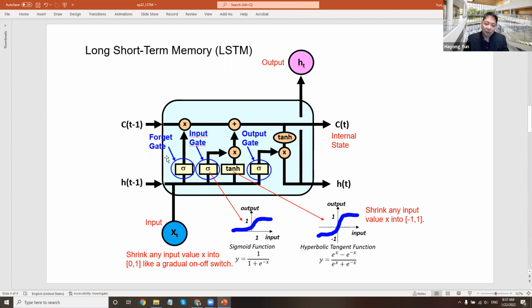Broadly speaking, there's a forget gate, an input gate, and an output gate, and we'll explain what they all are. But this is how a long short-term memory is composed, with forget gate, input gate, and output gate, and it takes a past cell state, an output, and an input to predict the current output, and passes on to the next period an updated internal state and an output.